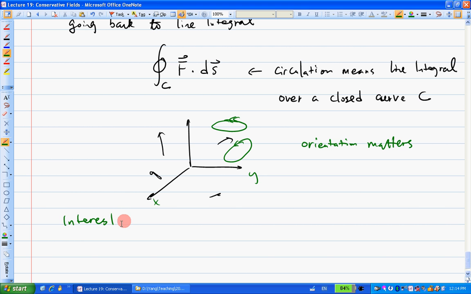So the second thing here is that maybe we're interested in circulation around a very small area, or maybe just a point.